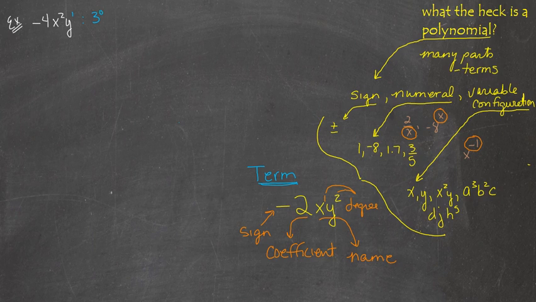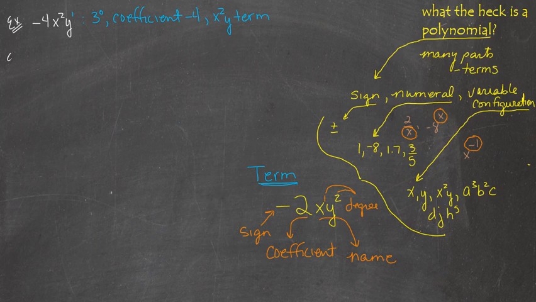So it's a 3 degree. It has coefficient -4. And its name is x squared y term. Well, that was easy enough.